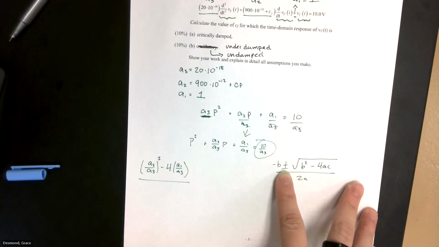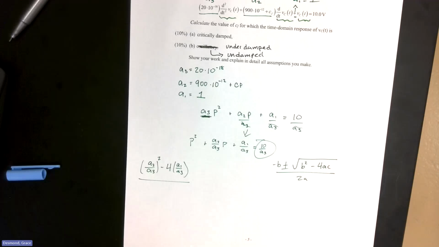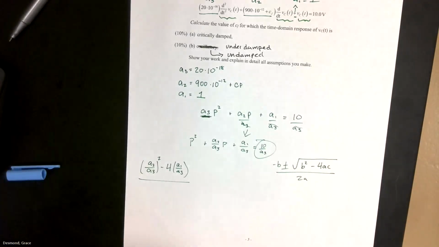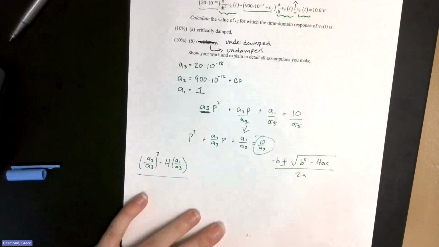For inside the square root, I got negative 1.97975 times 10 to the power 6. Okay, so that's the discriminant.